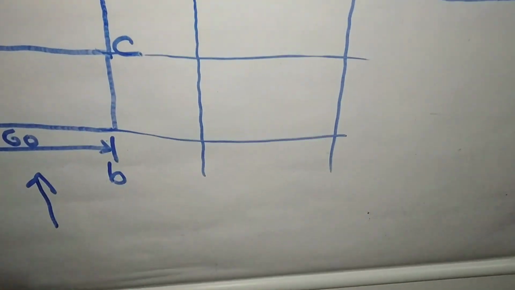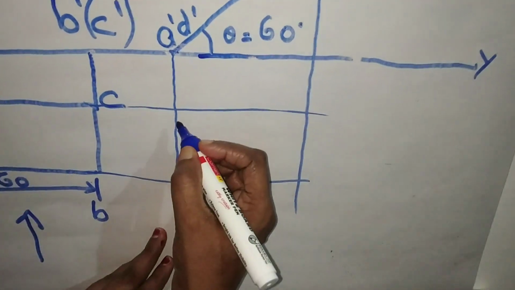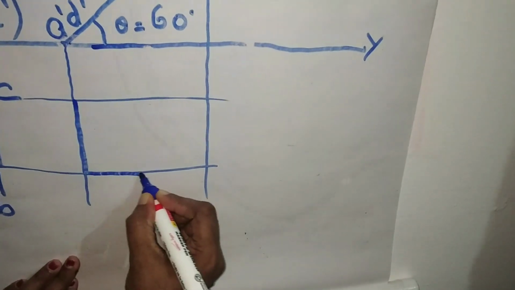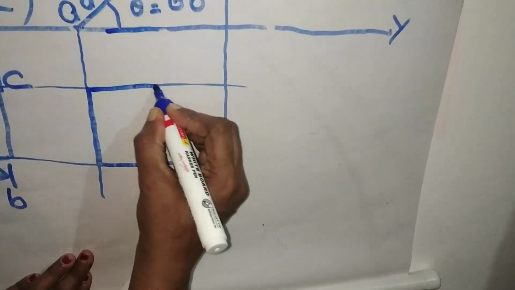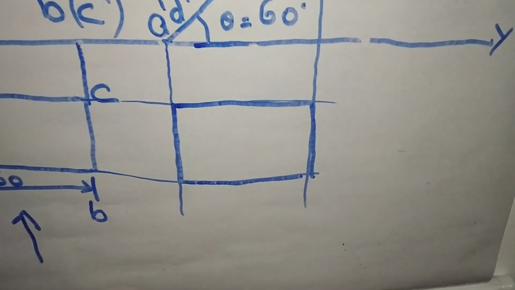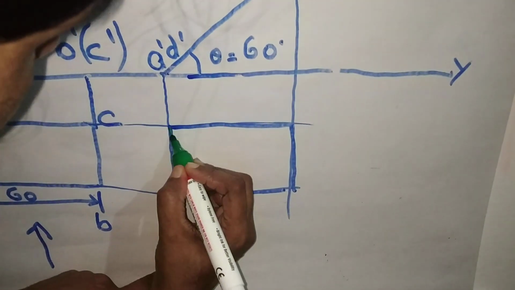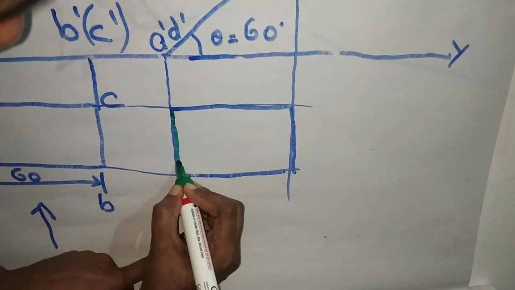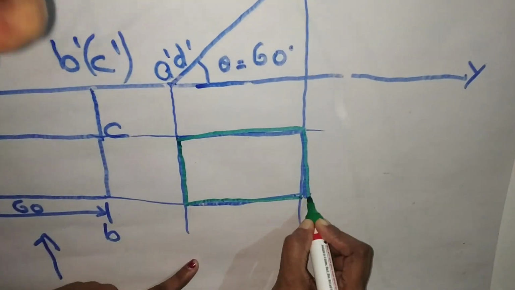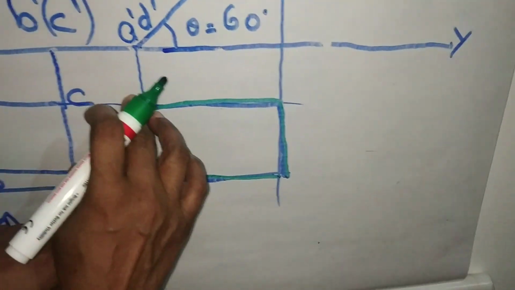Again from here I will draw a thin projection line. And what will I get here? This is my top view. I'll just thicken it and show a different color for this. This is nothing but D is here, A is here.